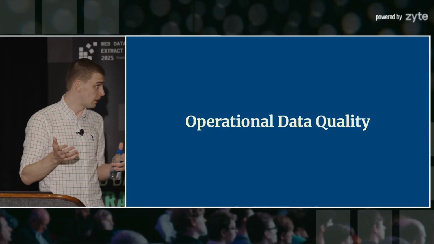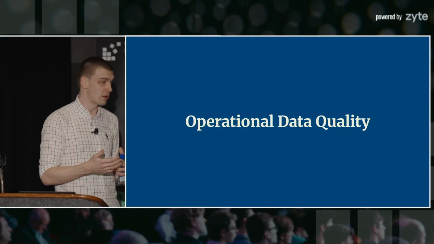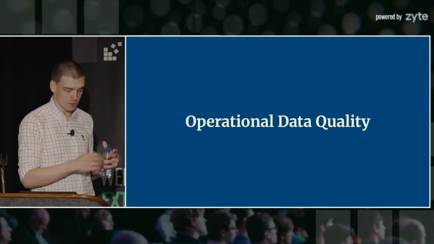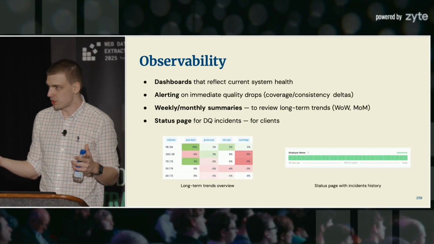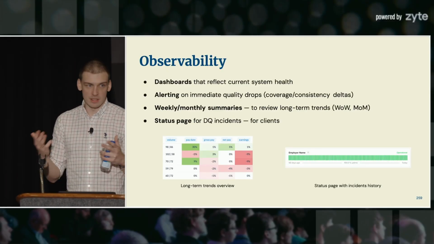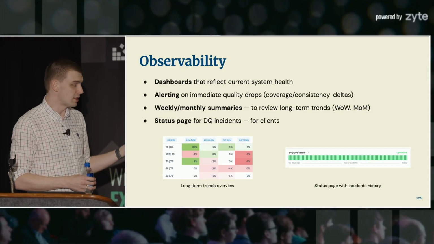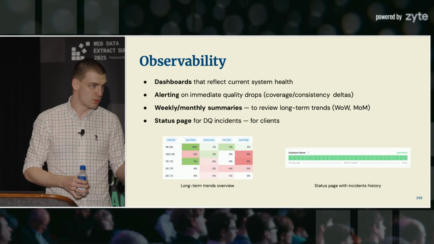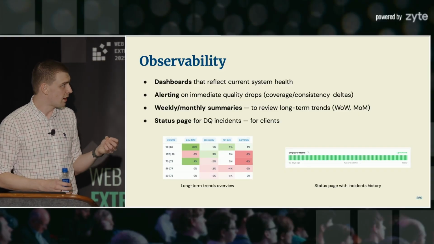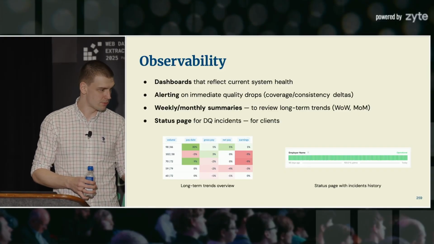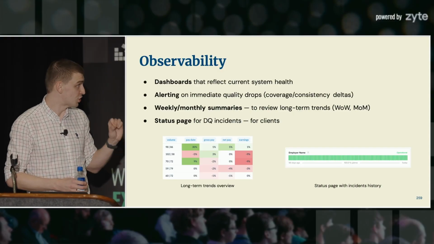So let's talk about how to build a feedback loop for your system to persist the same level of quality over time. Operationally, you need observability, dashboards, alerts on quality drops, and a log of incidents. You should be transparent with your clients when you identify a serious decline in your quality. This is important to build trust.